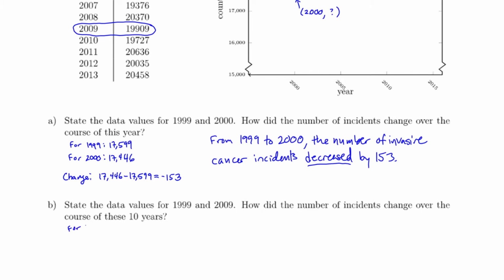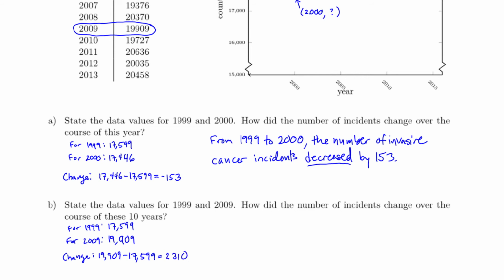For 1999, I had that one before, 17,599. And for 2009, I had 19,909. And if I look at that change, I can take 19,909 and subtract 17,599.